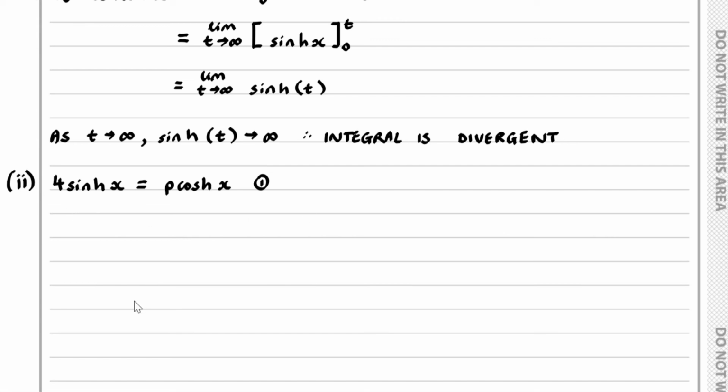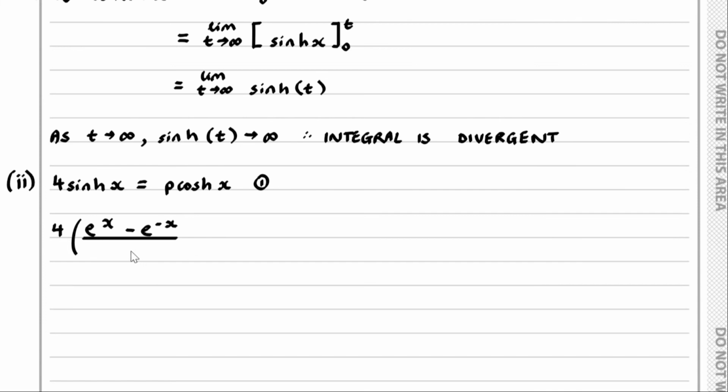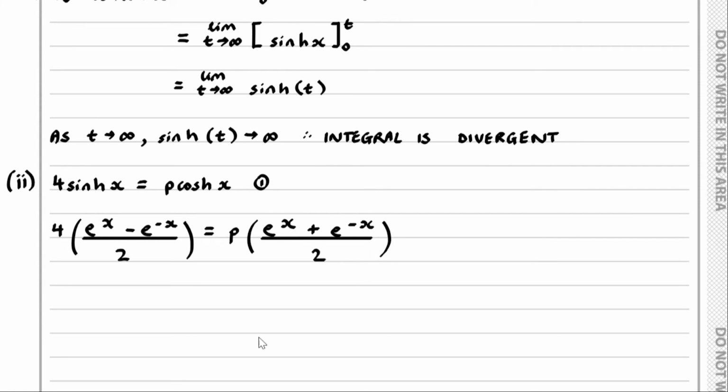Using the definitions of sin and cosine, we have 4 multiplied by e to the x minus e to the minus x divided by 2, and that's equal to p multiplied by e to the x plus e to the minus x over 2. And so 4 divided by 2 is 2.